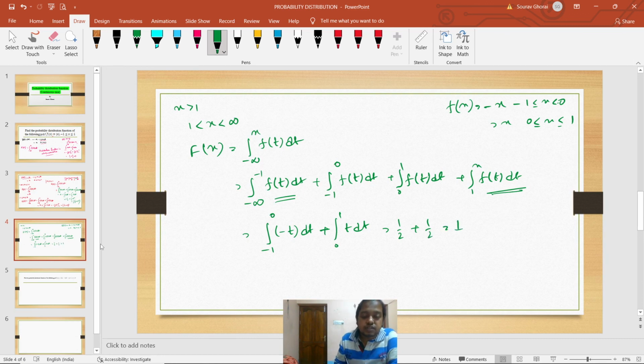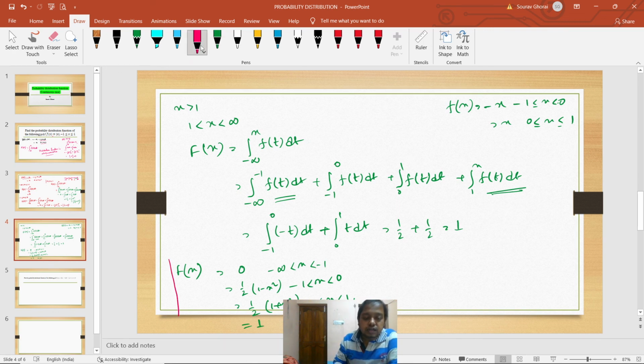So now the probability distribution function for the probability density function f of x is equal to mod x. That is, F of x is equal to 0 when minus infinity less than x less than minus 1; half of 1 minus x square for minus 1 less than x less than 0; half of 1 plus x square when 0 less than x less than 1; and 1 when x is greater than 1.